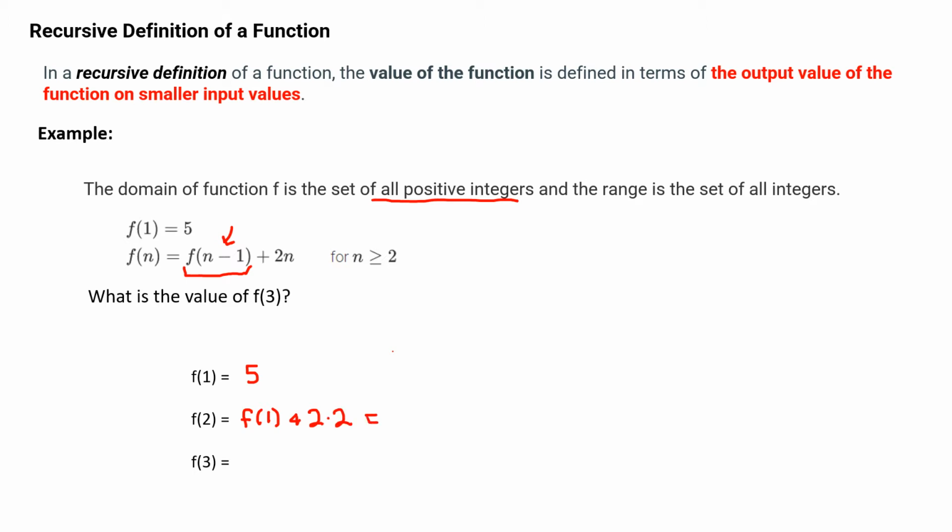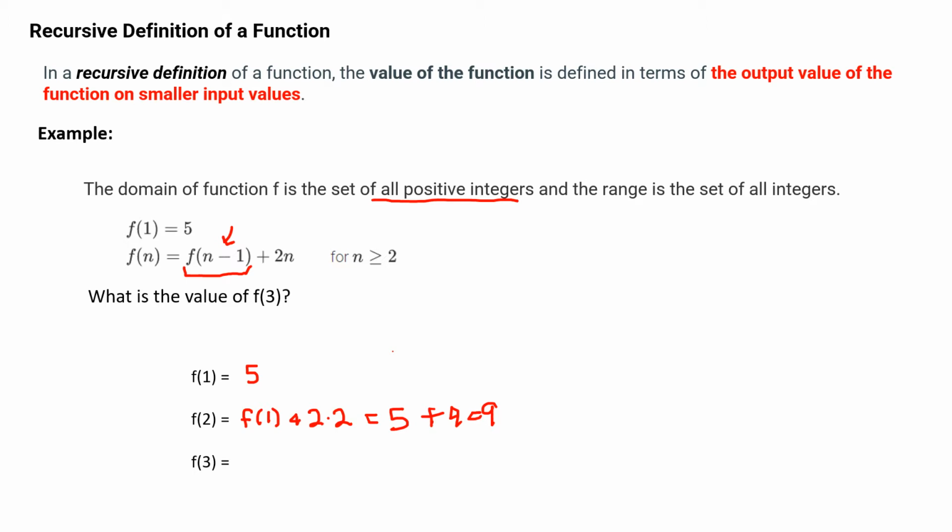That's equal to 5 plus 4, which equals 9. So f of 2 equals f of 1 plus 2 times 2, which equals 5 plus 4, which equals 9.